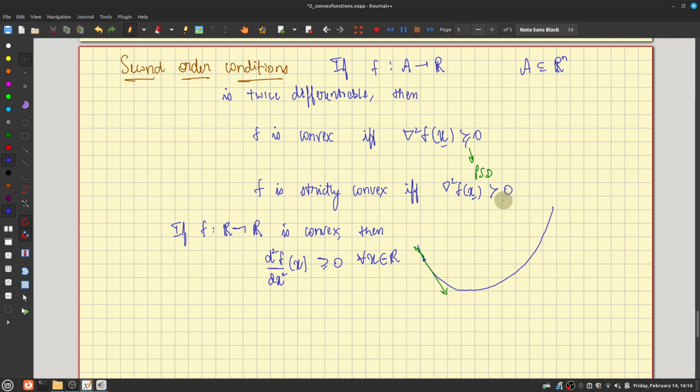That's not enough. So that's a weaker condition. It's not necessary or sufficient for it to be PSD or positive definite, right? For example, you can have a diagonal matrix, let's say the identity matrix.